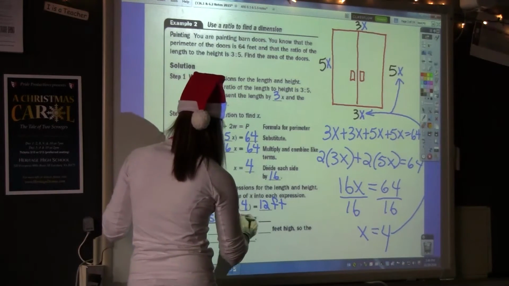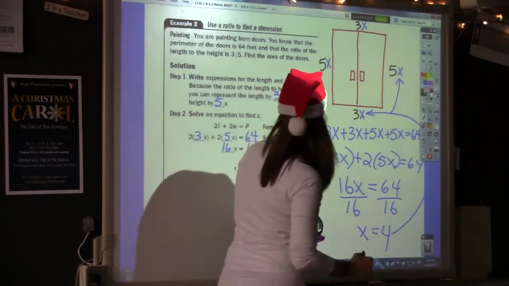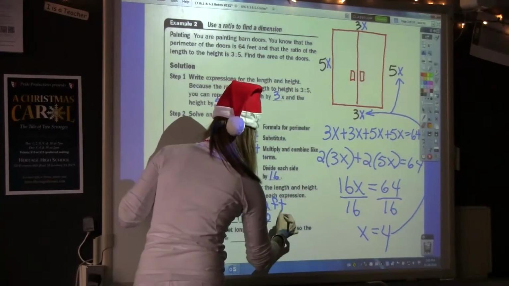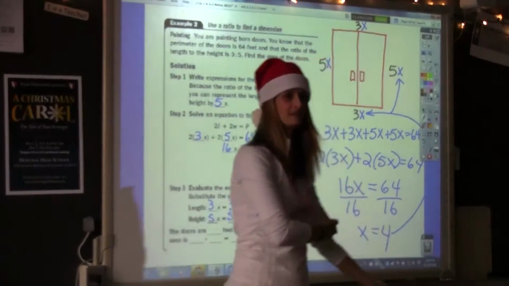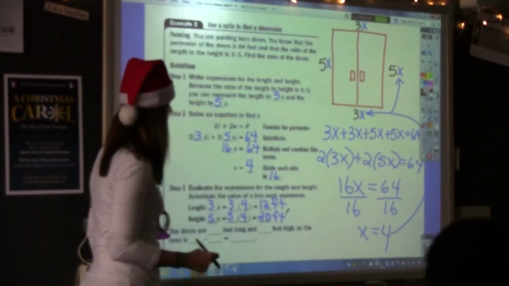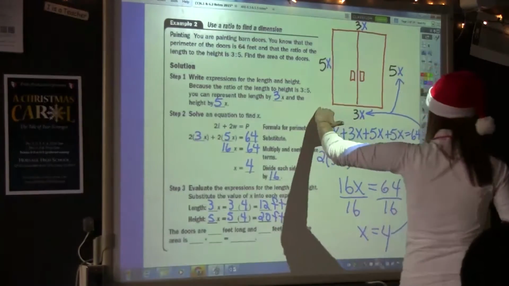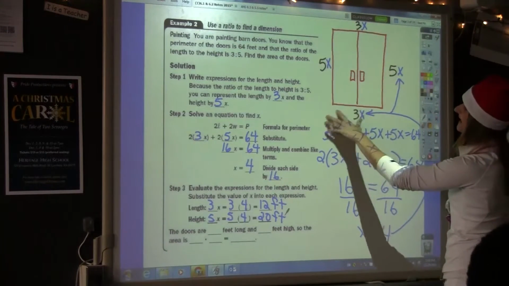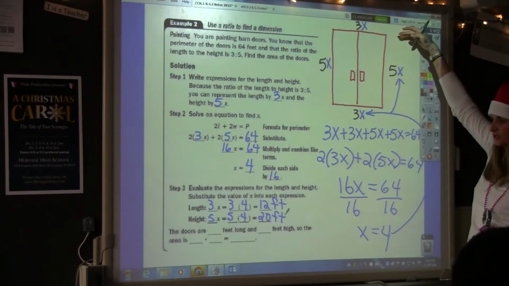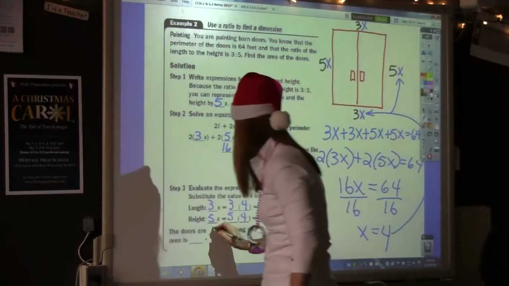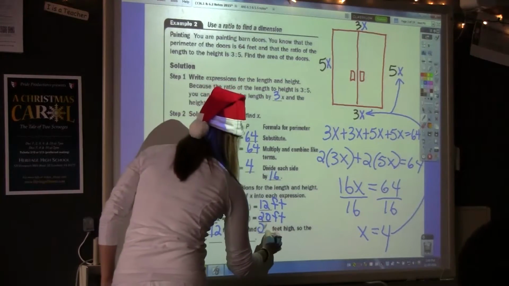And what's our height going to be? Okay, so the door's length is going to be 12 feet, and the height is going to be 20 feet. Cha-ching. 12 feet long, 20 feet high.